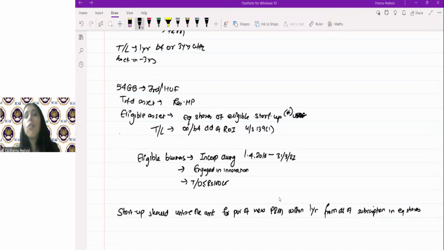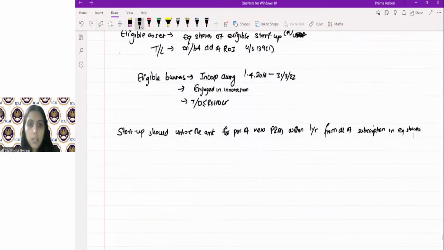If the amount of net consideration utilized by the company for the purchase of new plant and machinery, right, that amount should not include any machinery which was used outside India or within India. That means it should not be a second-hand machinery. So you can write it down here. Does not include second-hand machinery.